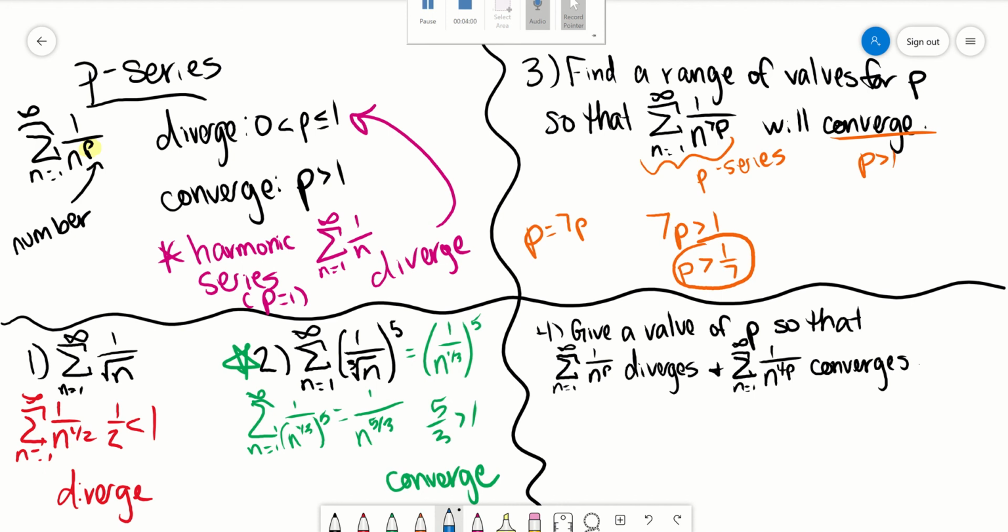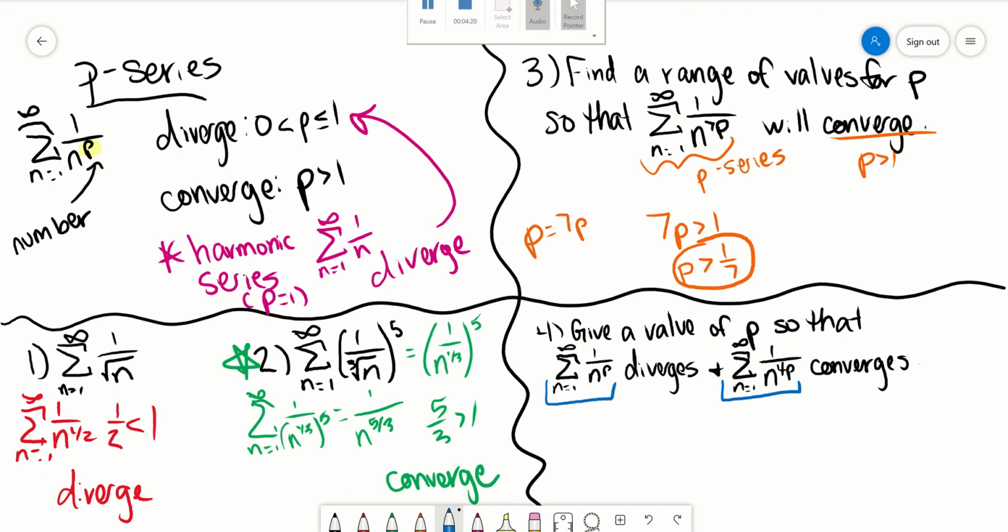Number 4 says give a value of p so that 1 over n to the p diverges and 1 over n to the 4p converges. The first thing to recognize is this and this both look like p-series. You have 1 over n to a power.